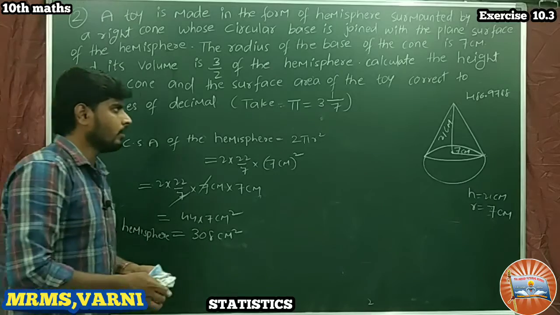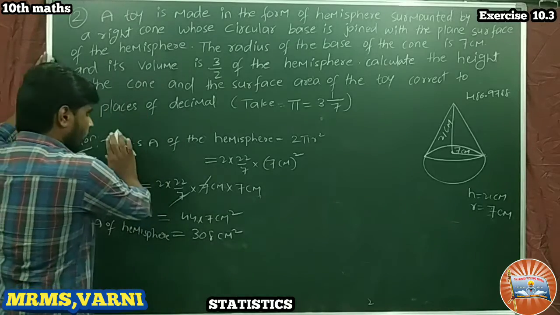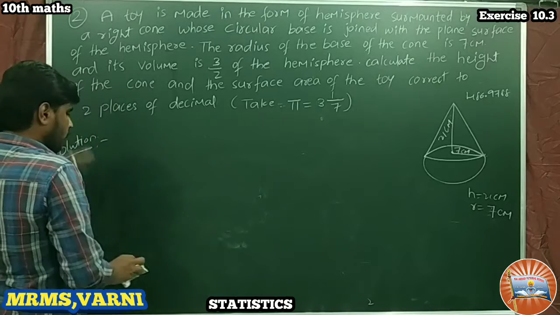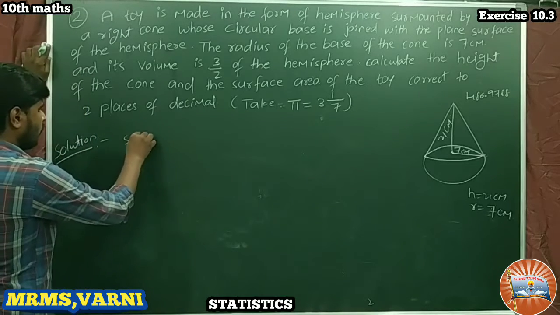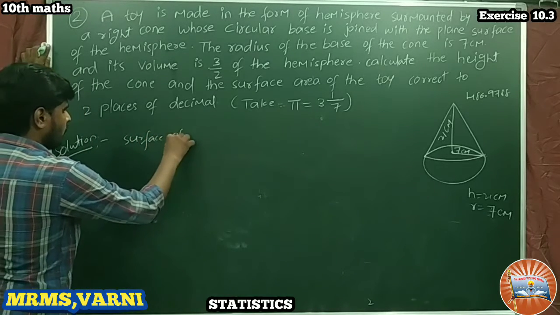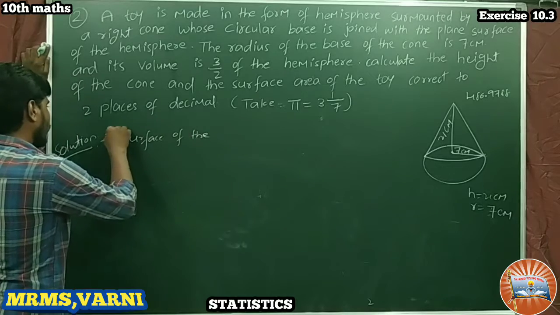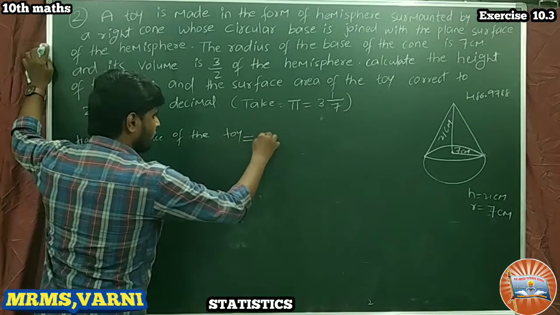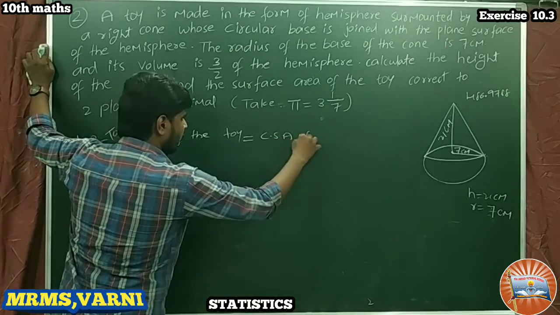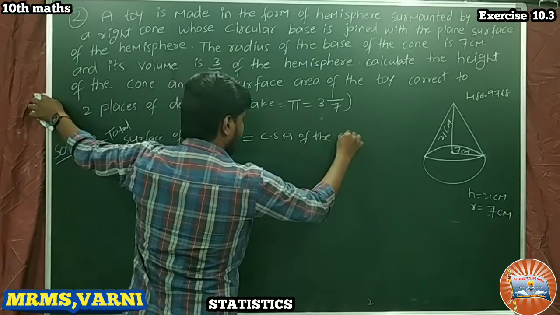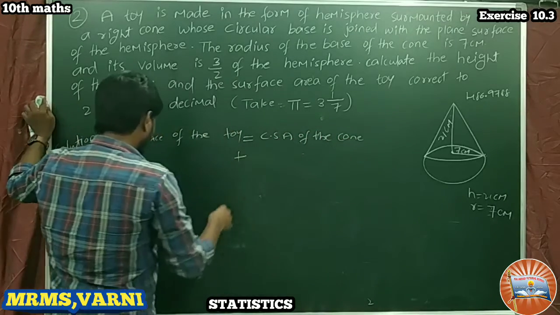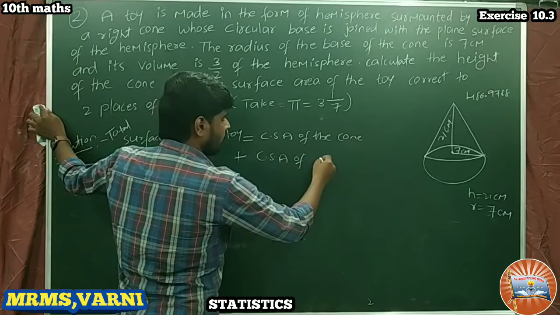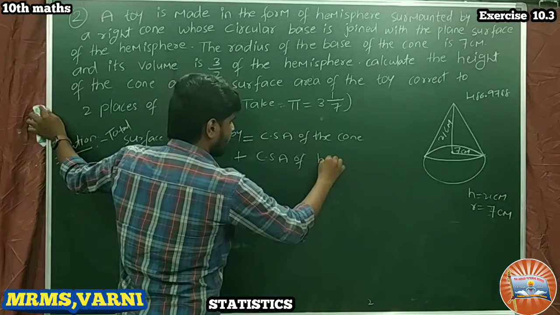What do we actually require? Look here. We require the total surface area of the toy, which is equal to CSA of the cone plus CSA of the hemisphere.